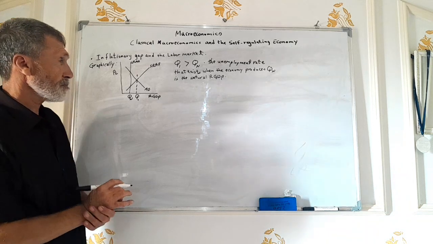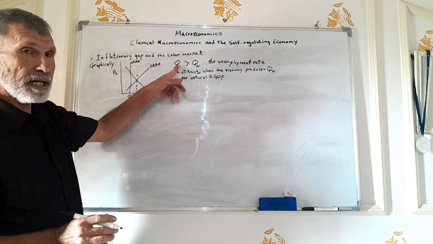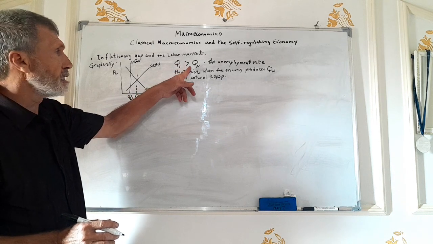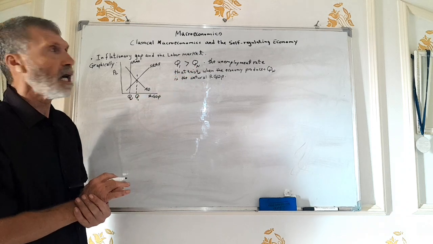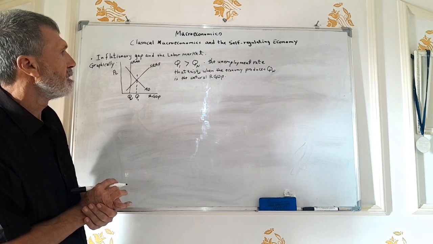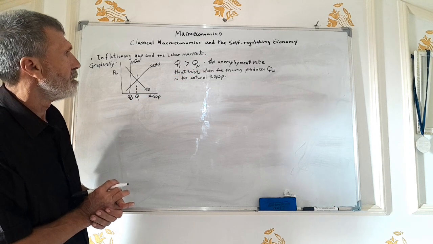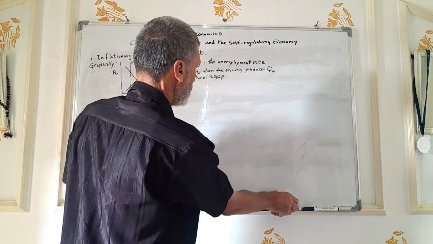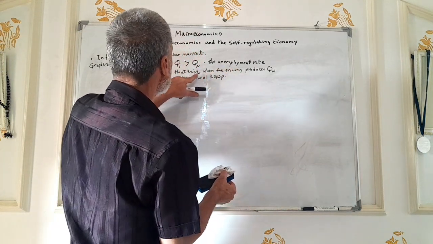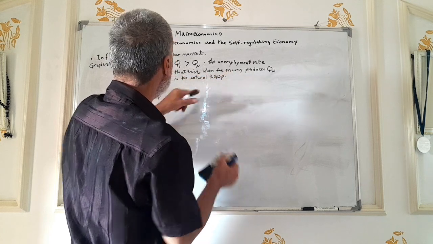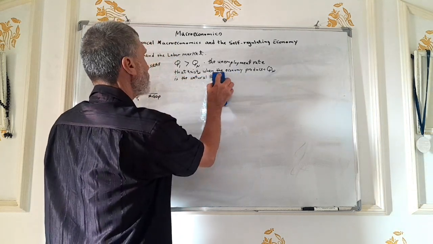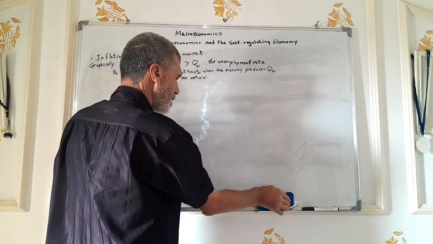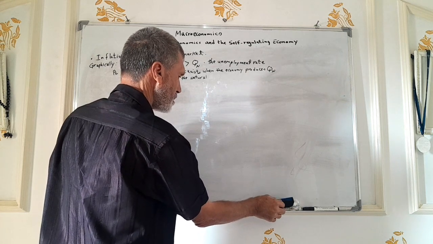Now, Q1, the real GDP that the economy is producing, is greater than the level of the natural GDP.